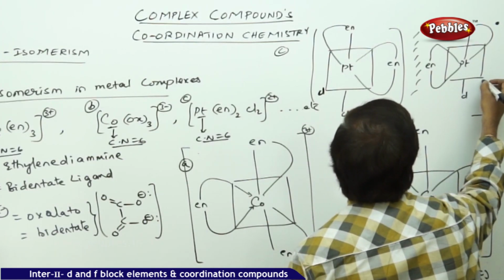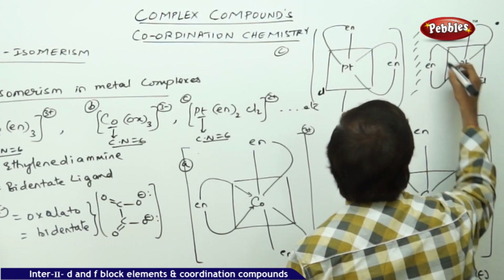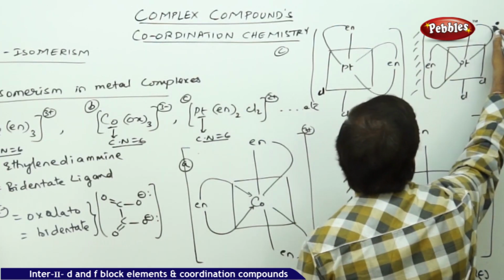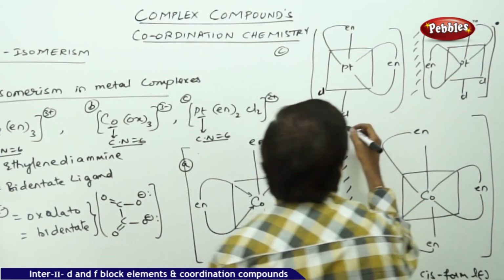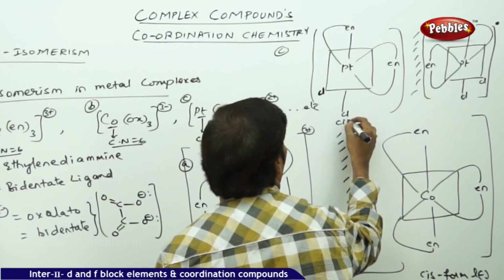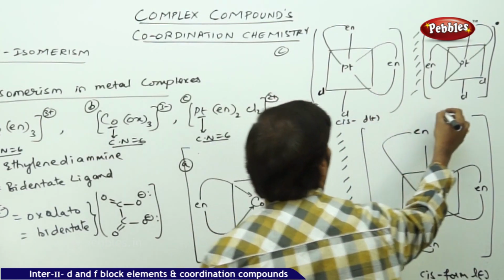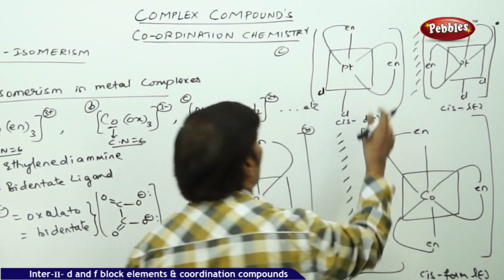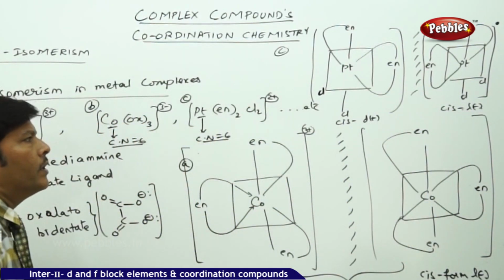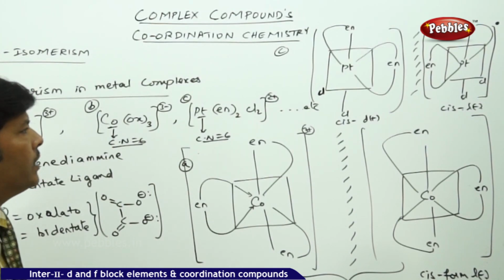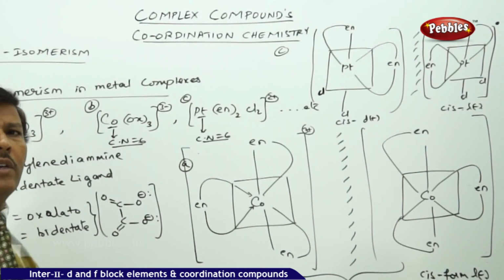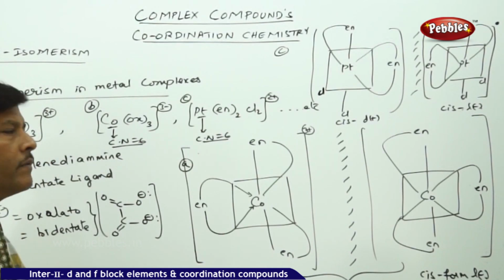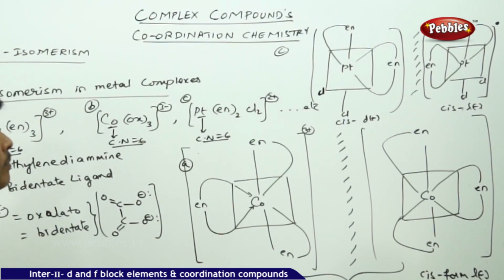Take one chloro group here and one chloro group over here, and you can find that this is cis of D form, and this is cis of L form. Therefore these two have become a pair of enantiomeric mixtures. They are an enantiomeric pair, they become racemic, and they become optically active. And it is very clear that whenever a bidentate ligand is there in a given complex, it is going to show optical isomerism.